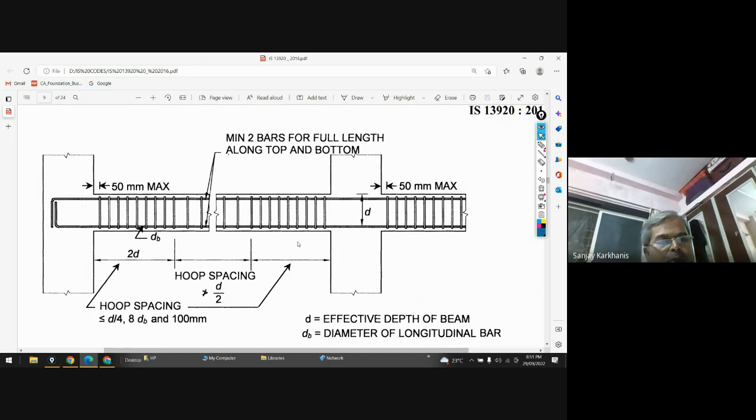Then I have to provide in this 2D region, that means 1100 mm away from the face of the column, I must provide this spacing. So either 100 or 8 dB or d by 4, whichever is lesser. So now in my calculation, what is happening? 550 divided by 4, how much is it? Something around 125.